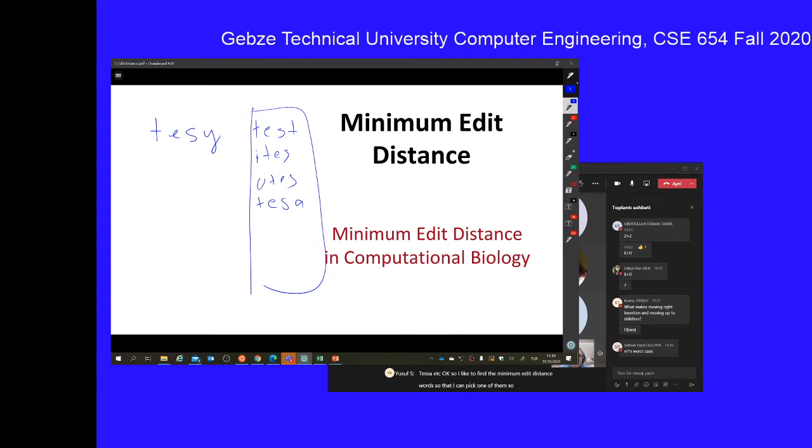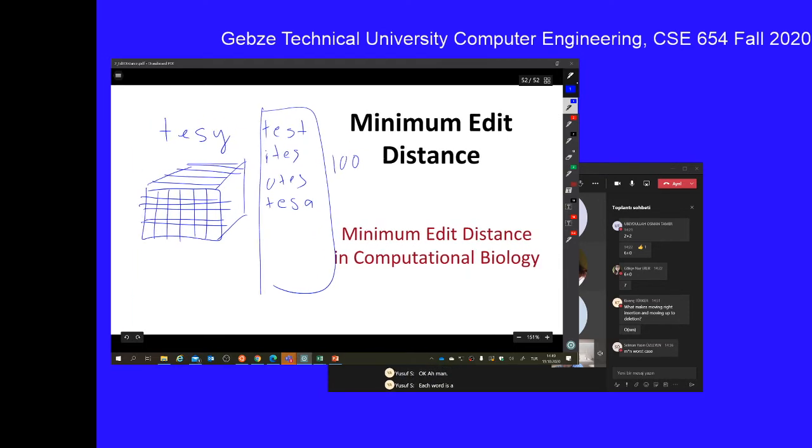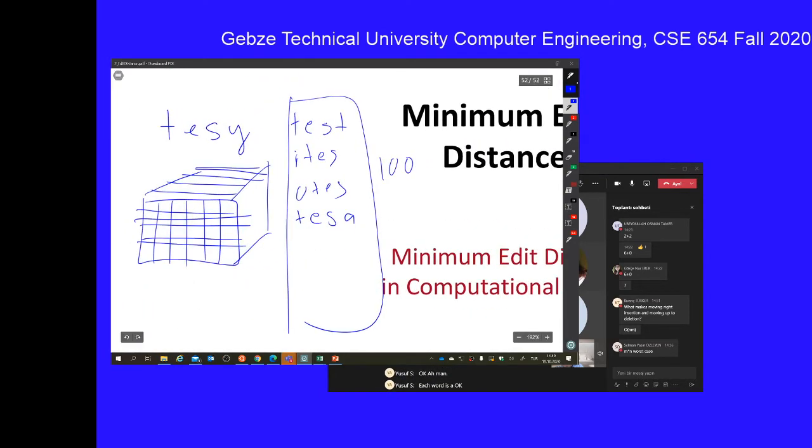If you like to do that, maybe you can run this minimum edit distance, let's say for 100 words, 100 times, and pick the smallest edit distance word. Or maybe you can use a three-dimensional table, M and N. Each word is a z dimension.